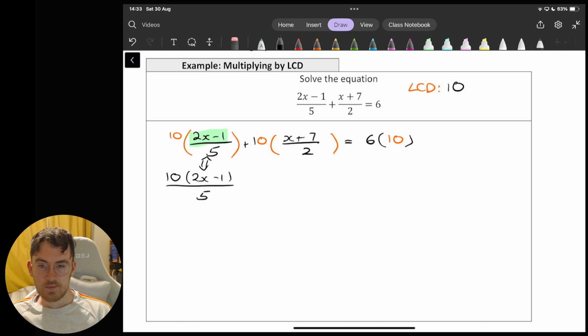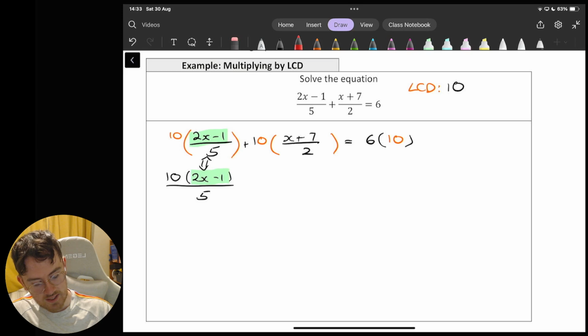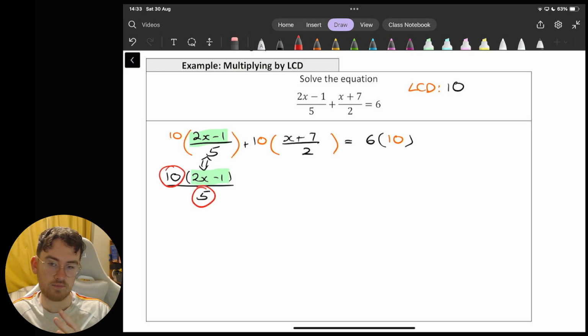What that helps us to see is that this 2x minus 1 expression is going to be multiplied by 10, but also divided by 5. So our goal here is to streamline that, to reduce this down. The way that we're going to do that is start with my 10 and divide the 5 into the 10.